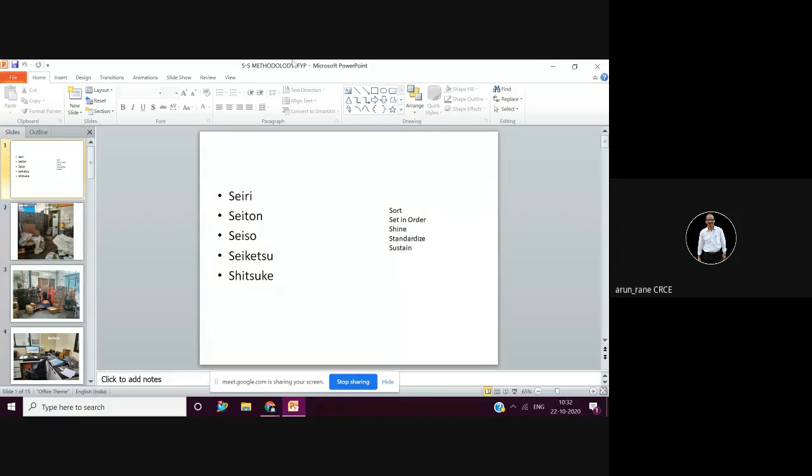So this 5S stands for this: Seiri, Seiton, Seiso, Seiketsu, and Shitsuke. You will see this in all MNCs, all industries, not only big companies but even medium scale companies, because many medium scale or even small scale companies are vendors or suppliers to the big companies.